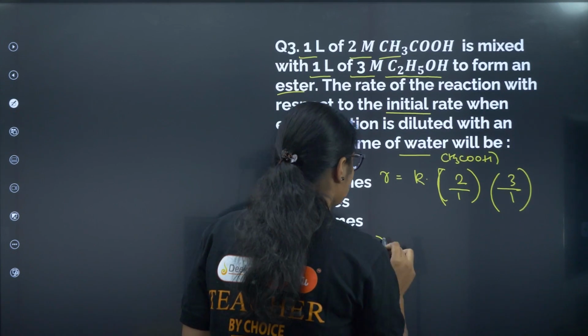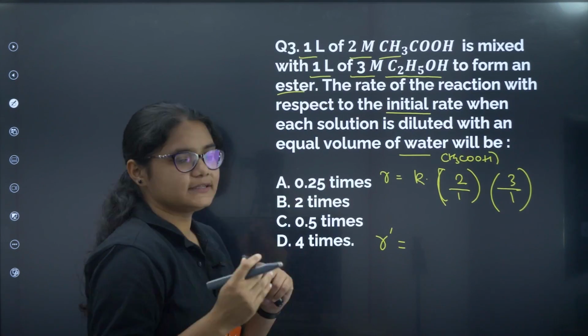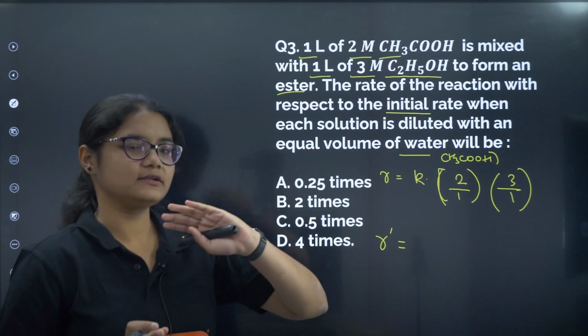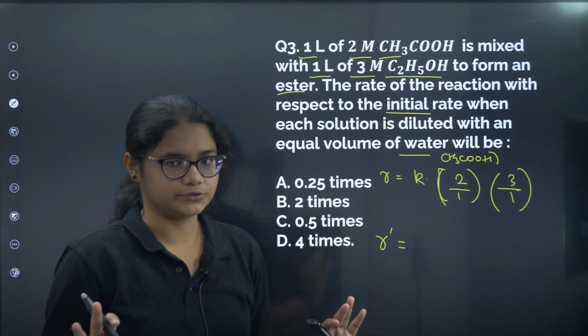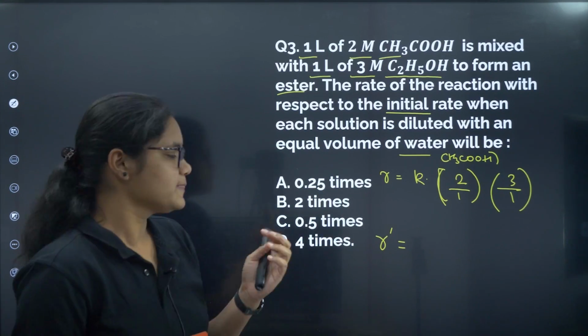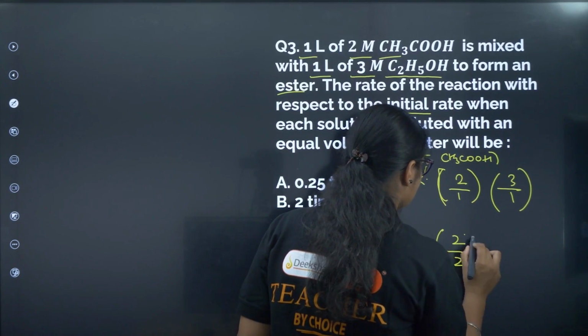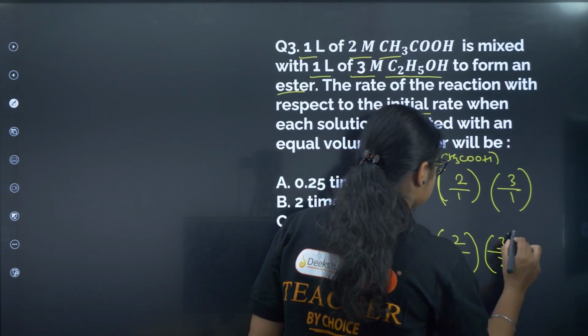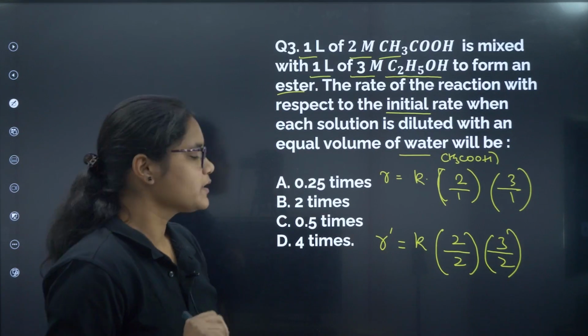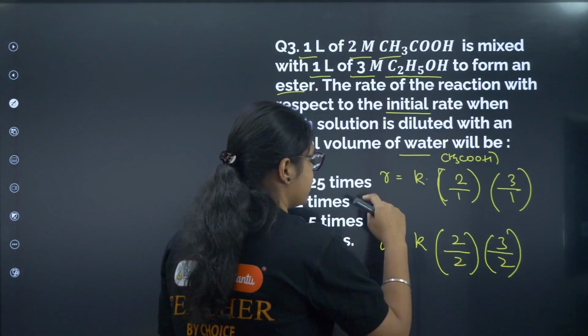Now for the new rate, let us add an equal amount of water, say 1 liter, to both the solutions. You can take any quantity. Now the volume becomes twice, so this will become 2 by 2 and this will become 3 by 2. Now just take the ratio of these two.